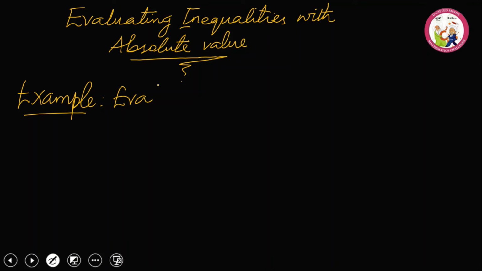Evaluate the absolute value of 2x minus 5 less than 3, strictly less than 3.